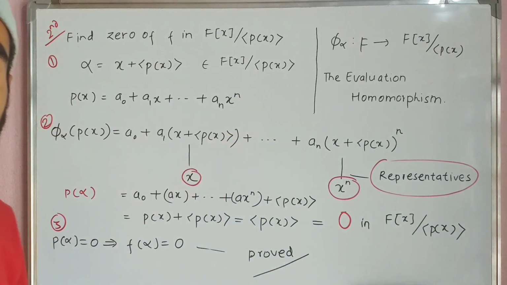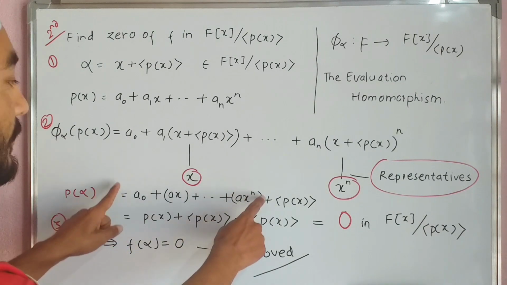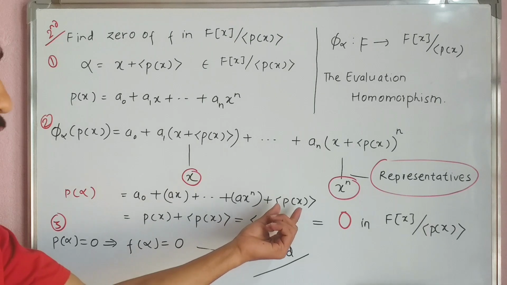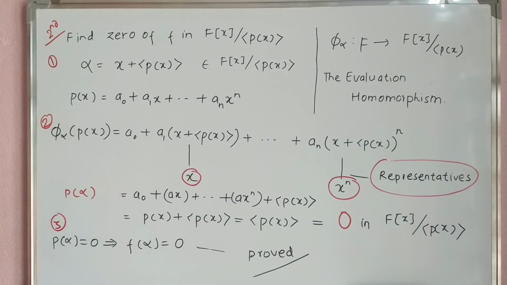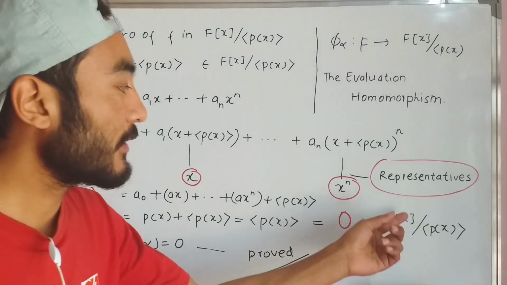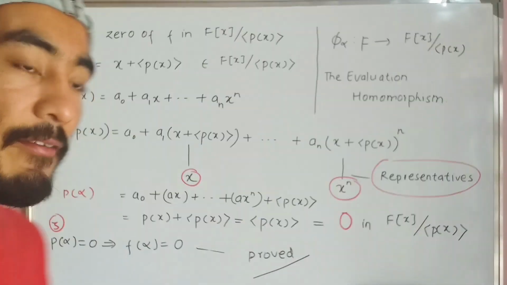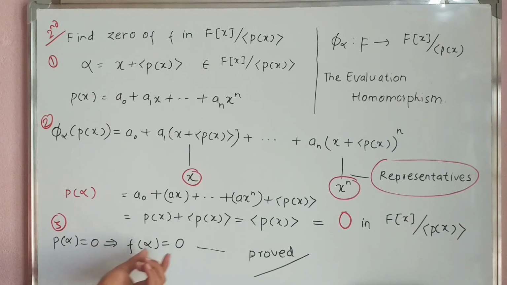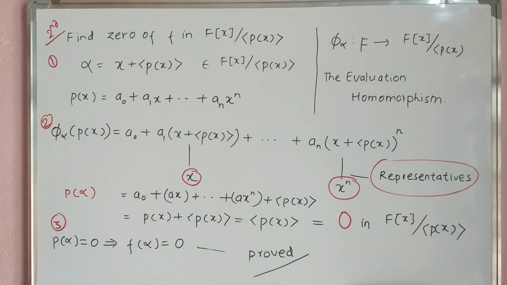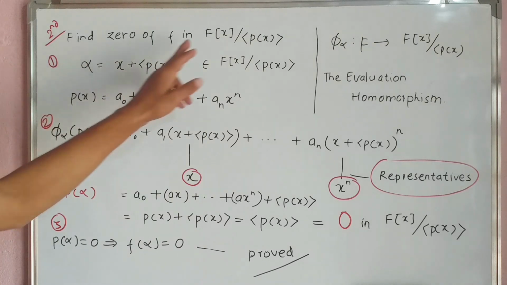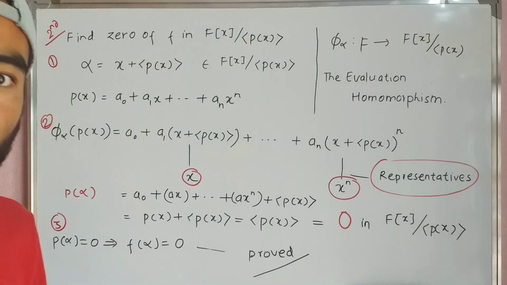This expression is equivalent to p(x) plus the ideal <p(x)>, and that equals the ideal <p(x)>, and that equals 0 in the factor ring F[x] by <p(x)>. And finally we have p(alpha) equals 0 implies f(alpha) equals 0 because p is a factor of f, and this shows alpha is a zero of f. We have found a zero of f in the extension field of F, that is F[x] by <p(x)>, and Kronecker's theorem is proved.